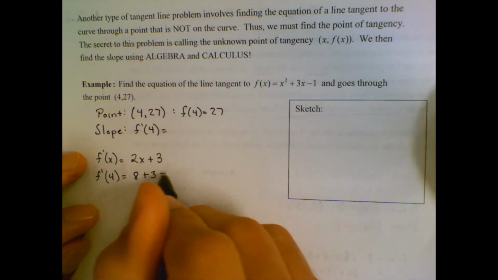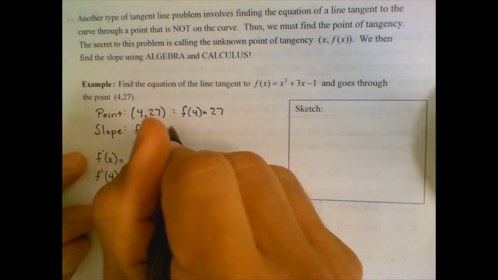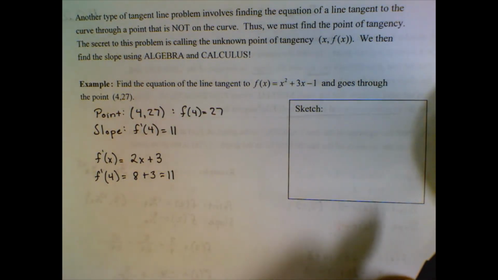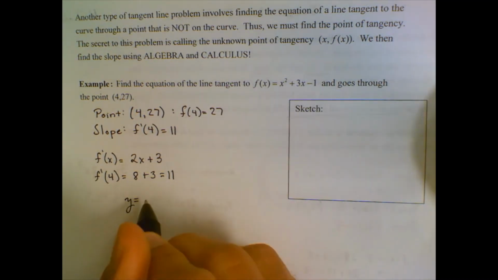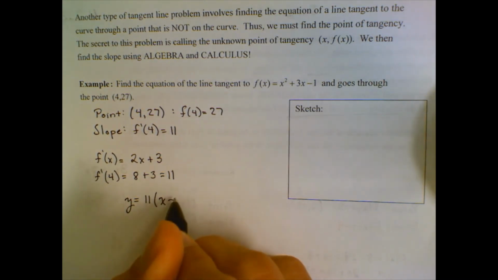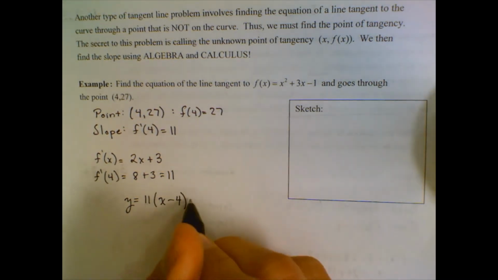And that's 11. So good. So we have the slope and the point. And most students here would just say y equals, slope is 11, x minus 4 plus 27.